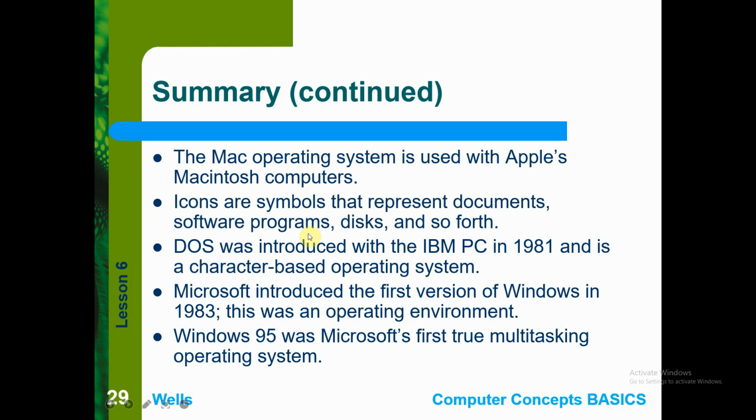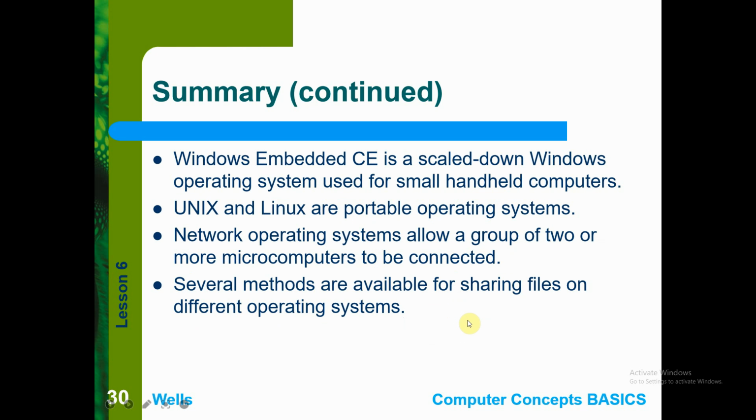Then DOS was produced in 1981 and is a character-based operating system. Microsoft produced its first version of Windows in 1993 with an operating environment or a desktop. In 1995, Windows 95 was Microsoft's first true multitasking operating system.